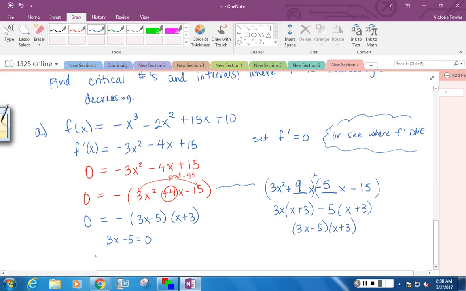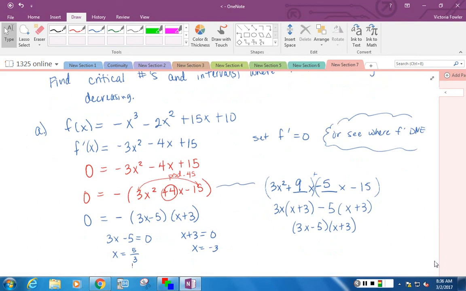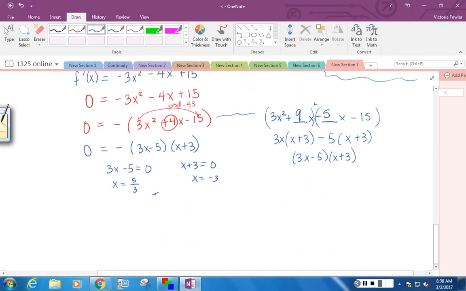So I'm going to figure out what x value makes this 0, and I get that x could be -3, or x could be 5/3, right? So these are my critical numbers, which I've only solved part of this. Right, these are the critical numbers.